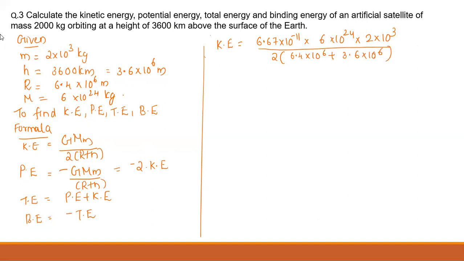Now, in the denominator 6.4 plus 3.6 is 10, so 10 into 10 raised to 6 is 10 raised to 7. And 2 and 2 cancelled.